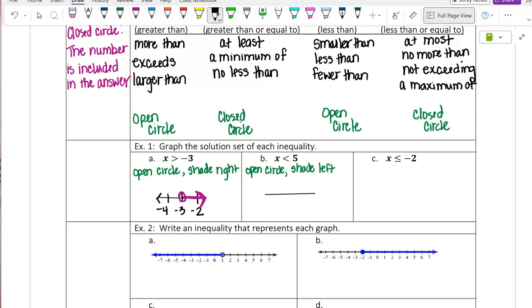So I draw my number line. Again, we already said that this is going to be an open circle at 5. And we're going to shade to the left. Those are all the numbers that are less than 5.